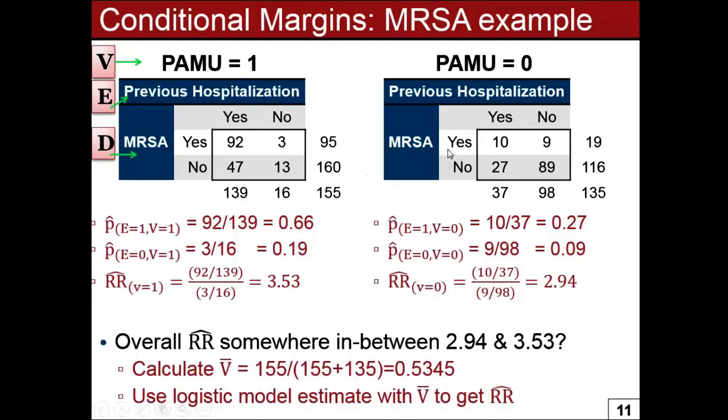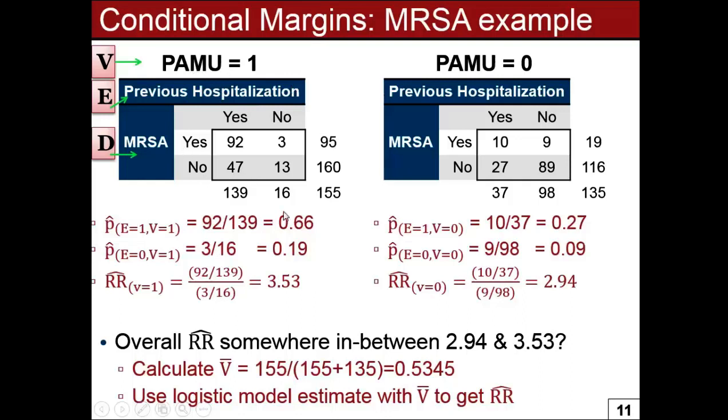We're going to talk about the MRI example, and let's think about a V variable being previous antimicrobial use. Previous antimicrobial use was one of the V variables considered. So I'm stratifying here, and I'm showing the stratified 2x2 table on this V variable, with our exposure and our disease.